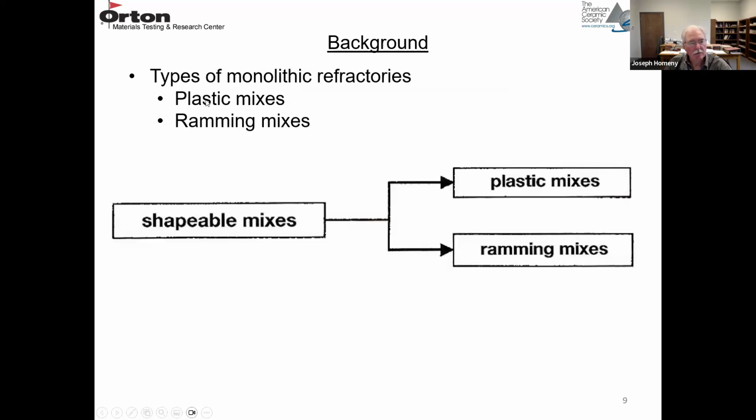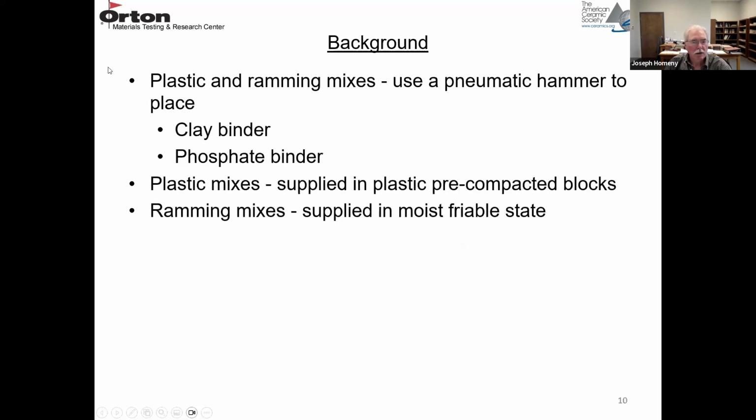So besides castables, there's plastic mixes and ramming mixes. These are shapeable mixes. So in these materials, you use some type of pneumatic hammer to place the material. There may be a clay binder or a phosphate binder.